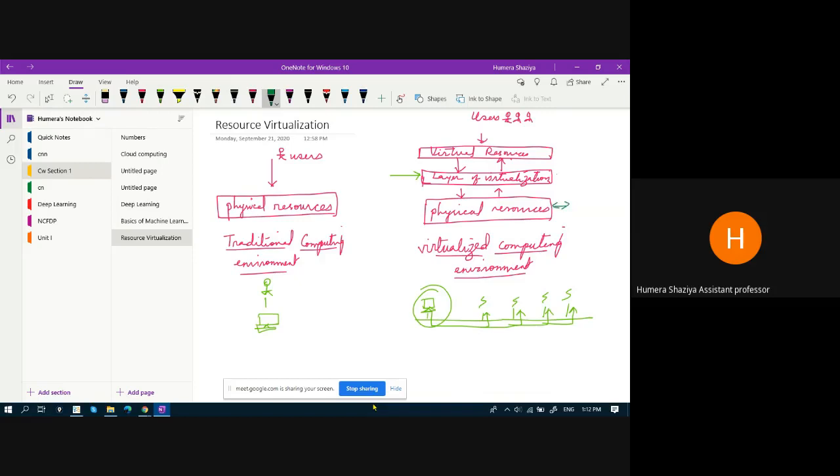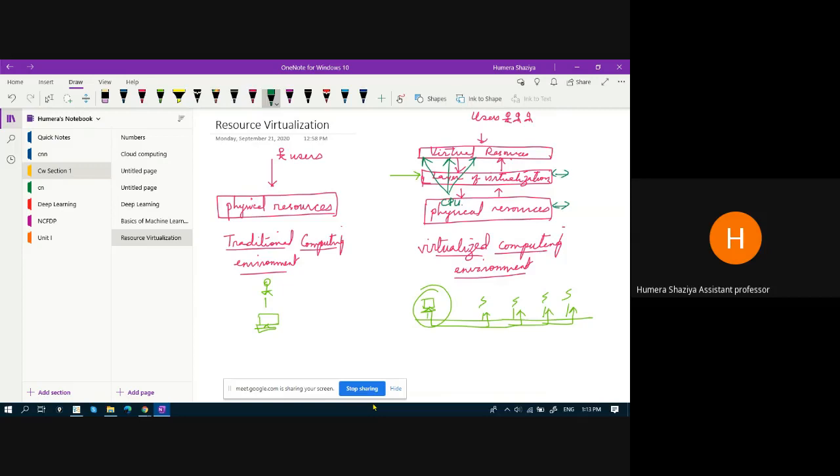Here at this layer we'll create a simulation, and suppose you have a CPU. This CPU will now serve multiple users. This virtualization layer creates three instances of this CPU. CPU is one single entity.